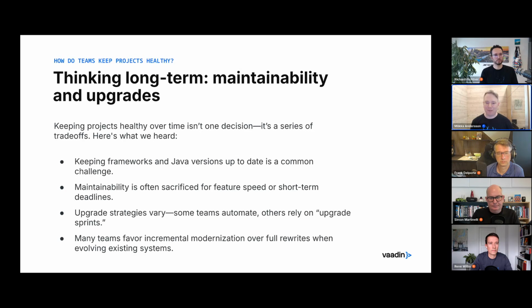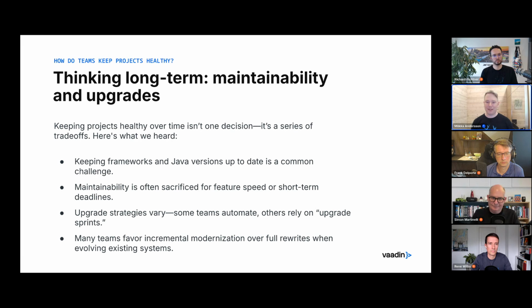And if things go a bit too far and you haven't been upgrading much, you might end up in a situation where you have no other choice than to do a heavy lift upgrade and a full-blown modernization.